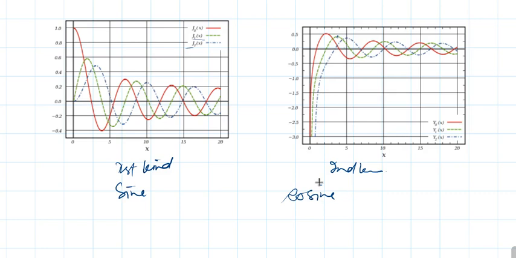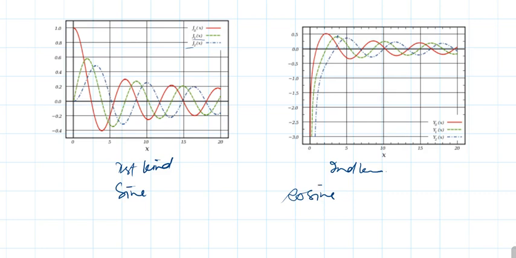What is our need? We need a function of type e raised to the power iota kr, which means a spherical wavefront. The outgoing wave is like that, and this doesn't show that.